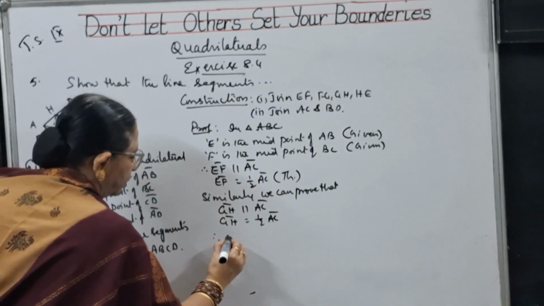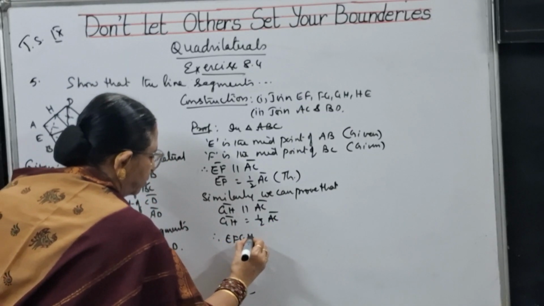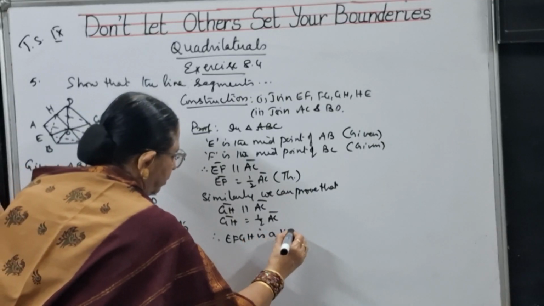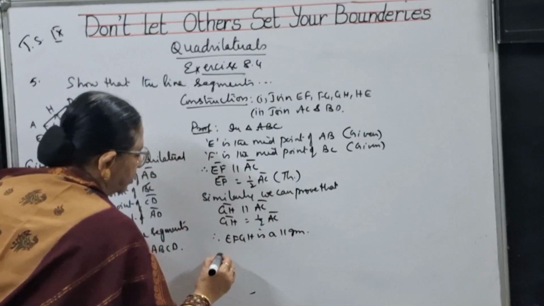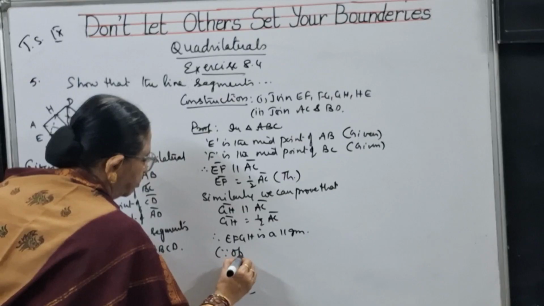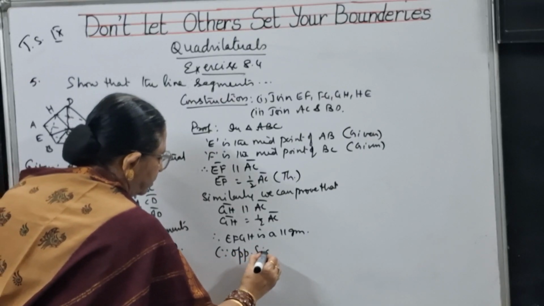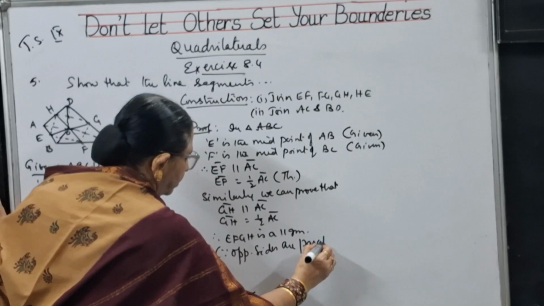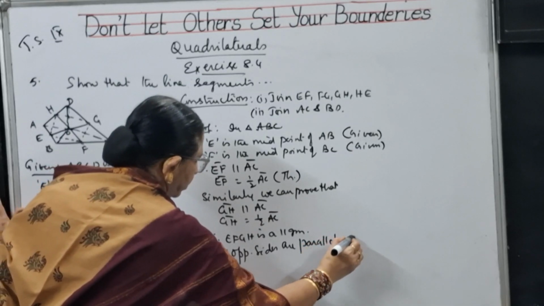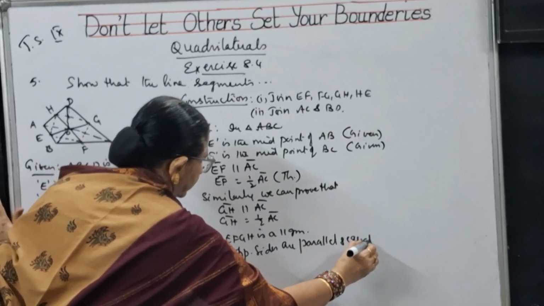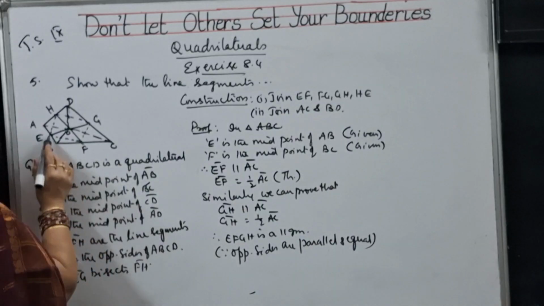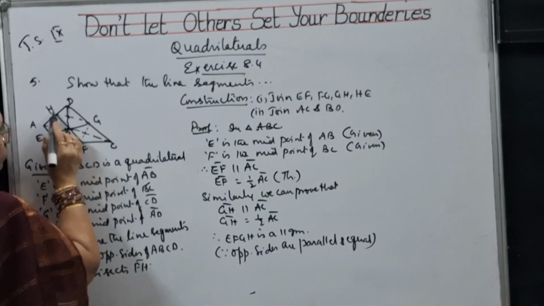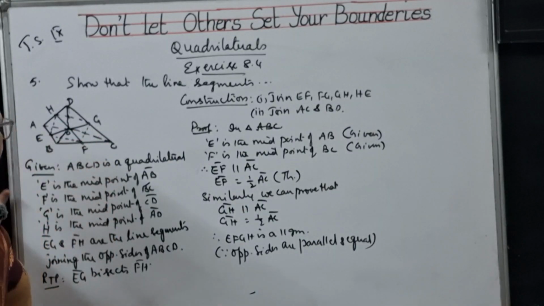Therefore, you can say EFGH is a parallelogram. Why? Because opposite sides are parallel and equal. EF is parallel to GH, EF is equal to GH. So it is a parallelogram.